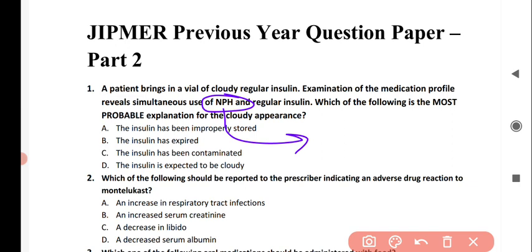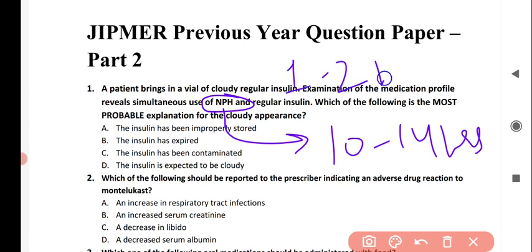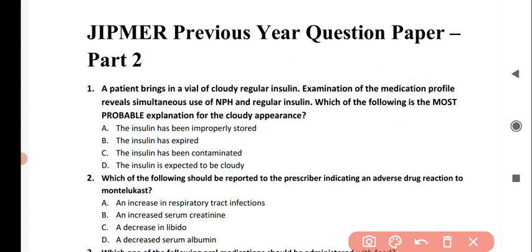So the NPH insulin can provide long-term control of metabolism, and the effect of NPH insulin lasts around 10 to 14 hours, and it lowers the blood glucose level within 1 to 2 hours. So the reason behind the cloudy appearance of this regular insulin is that the insulin has been contaminated. So option C will be correct for this question.